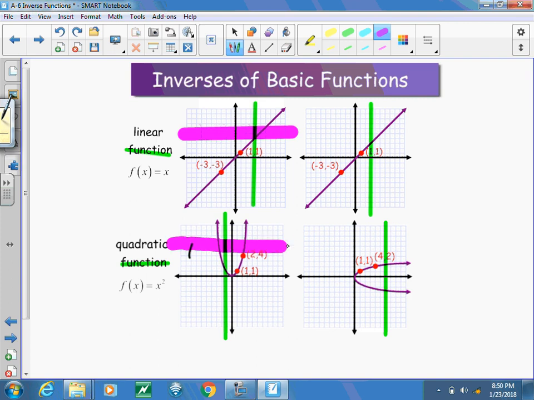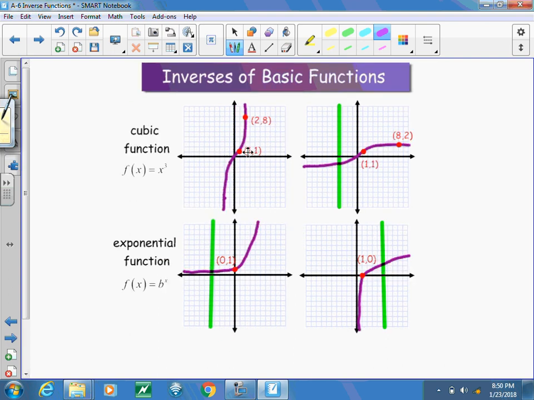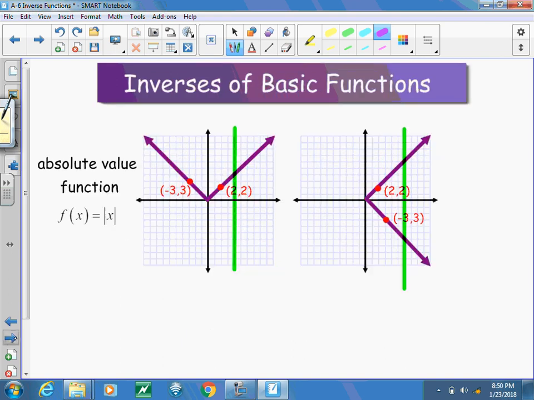If I do the horizontal line test here on the quadratic, it passes through twice, so the inverse is not a function. The cubing function passes through once, so the inverse is a function. Exponential growth, my horizontal line passes once, so the inverse is a function. Here, if I use my horizontal line test, it passes through twice, so the inverse is not a function.